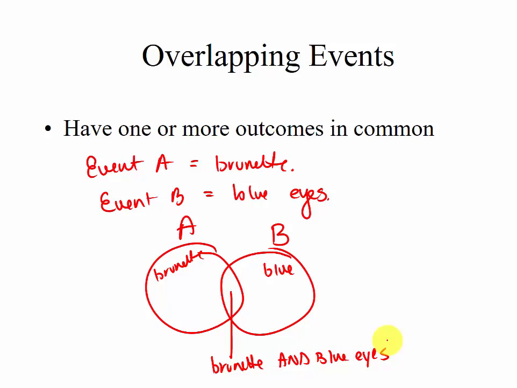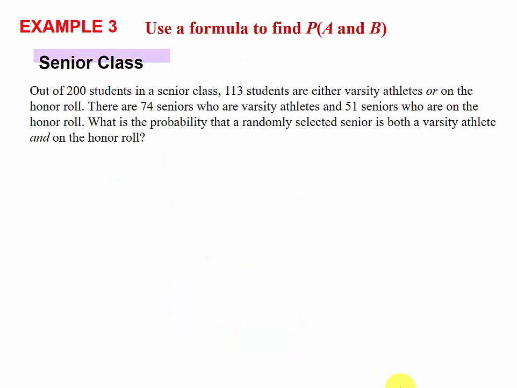Why it is important to identify whether events are overlapping is that if we're going to find the probability of a brunette or the probability of blue eyes, in the first case we would add the two together. But in this case, when we add the two together, we're adding the number of people who are brunette, and then we're adding the number of blue eyes. But some of those people have been counted twice, and that's the people who are brunette and blue-eyed.